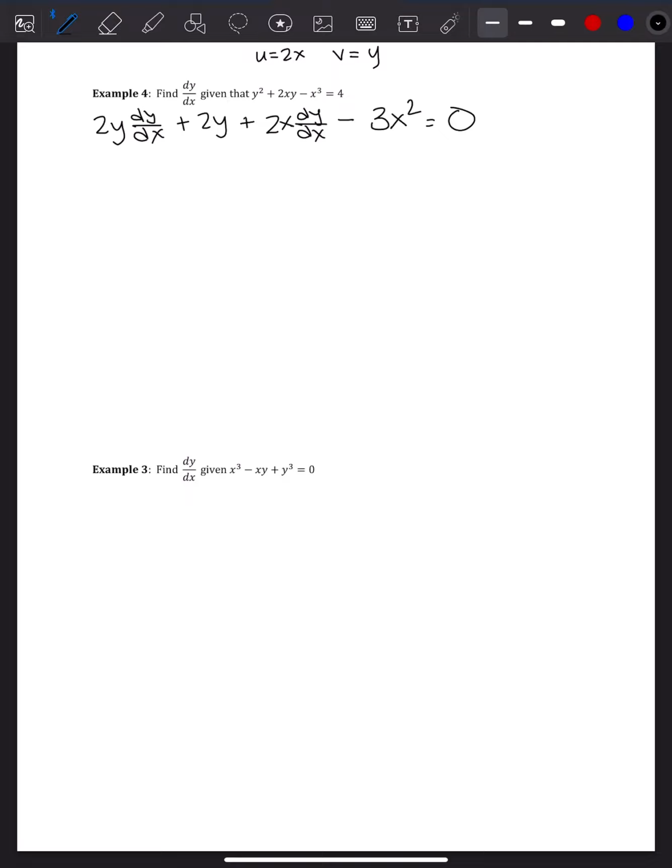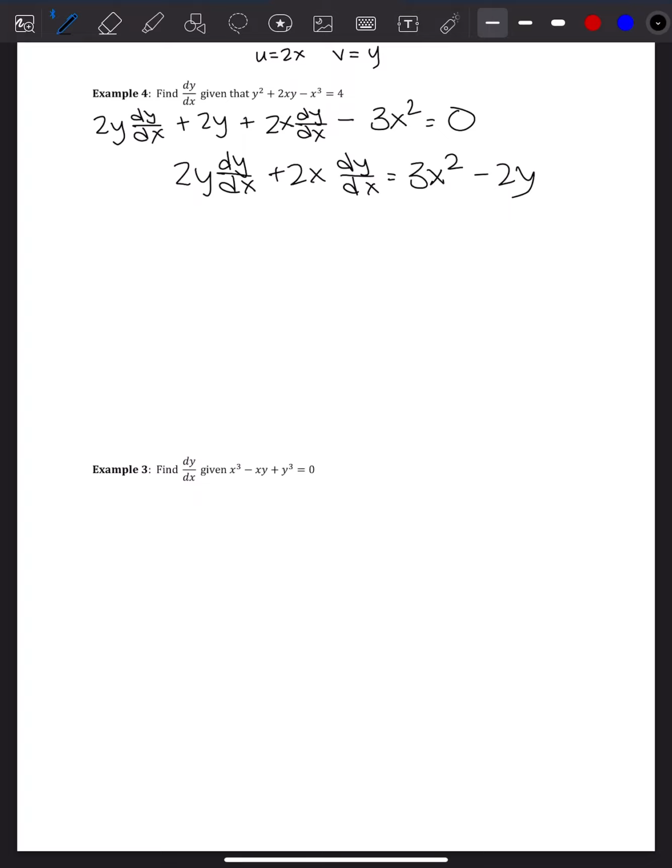I'm going to move everything that's not dy over dx to the other side, so 2y dy over dx plus 2x dy over dx is equal to 3x squared minus 2y.